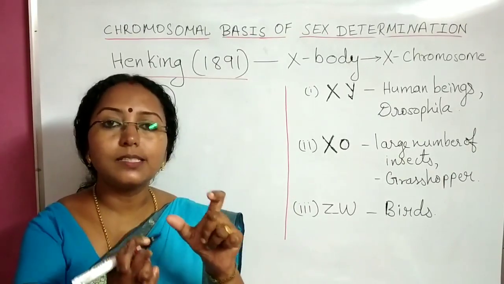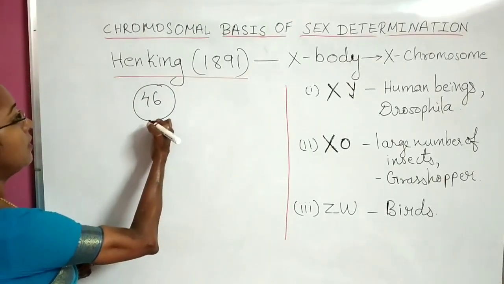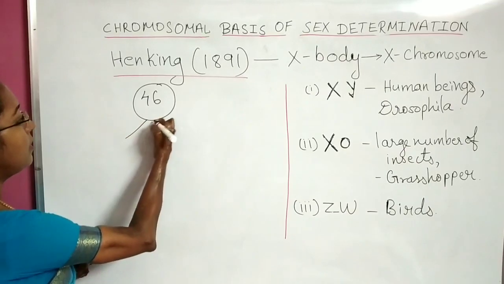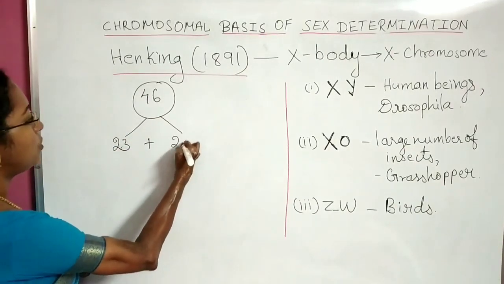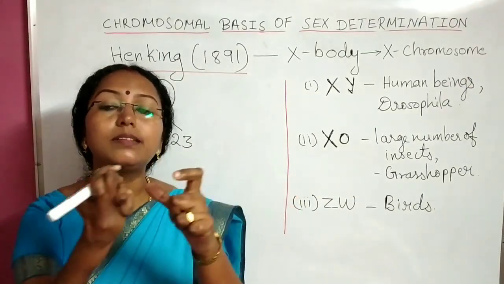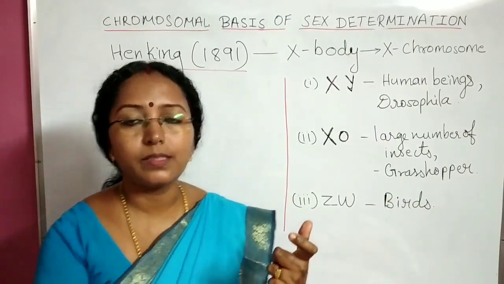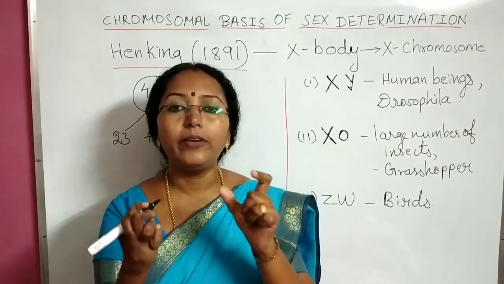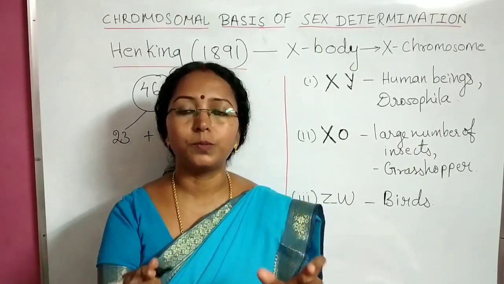Now that 46 chromosomes, we can consider to be 23 plus 23. What is that? 23 pairs. So instead of saying 46 chromosomes, I can say every cell has 23 pairs of chromosomes.